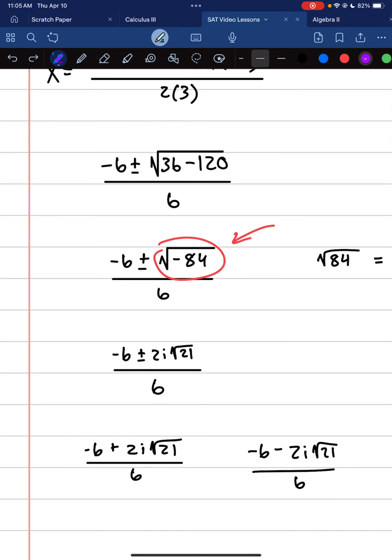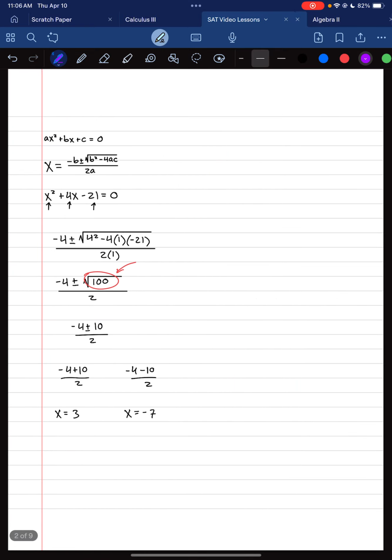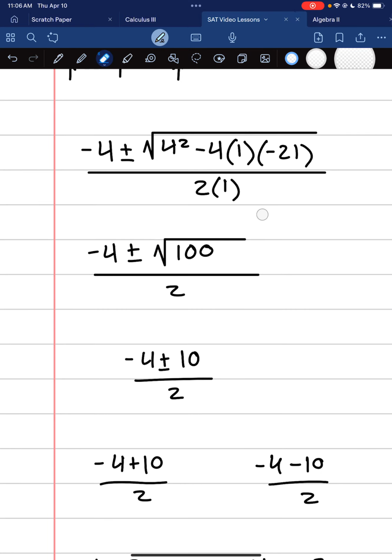If we look at this one, we had the same thing. Before we simplify, at least, this is what the general form of our solution looks like, right? Some number plus or minus a radical all over some other number.